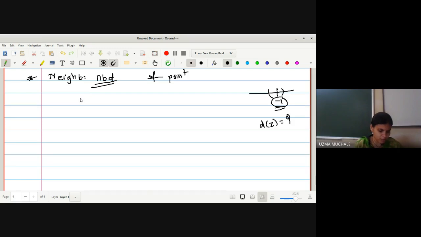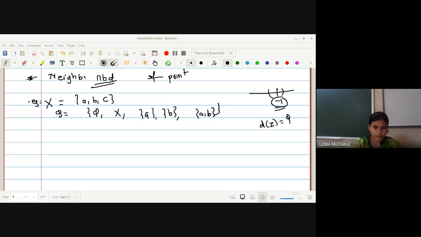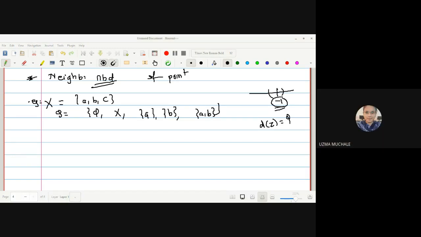So here let us find out the neighborhood of a point. Now take the same example which we have taken for our exterior and interior. And before that, first we should go for the definition. What should be the definition of a neighborhood in our topological space? Just tell me what is the definition of neighborhood in real analysis.